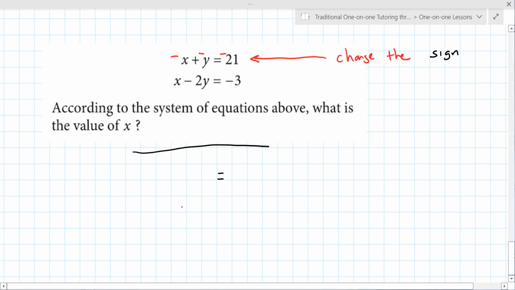That includes negative x plus x. Yeah, you're adding up vertically.